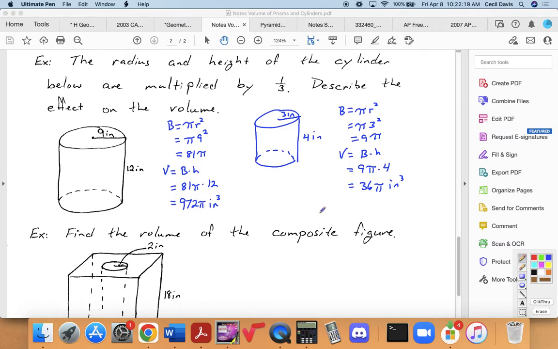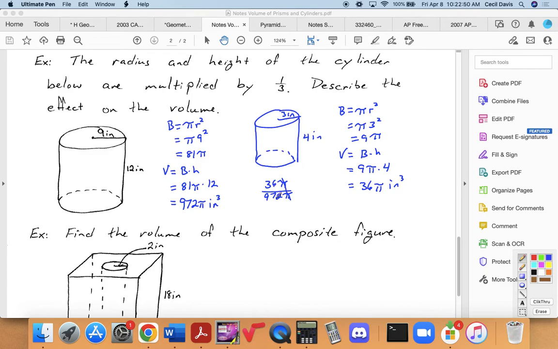Okay. The way we did it on the one from earlier today, we took the new one divided by the old one. That'd be 36 pi over 972 pi. We'd like to be able to simplify that, right? What's the first thing you can immediately do to make this look a little nicer? Pi. Yeah, divide by pi. Pi divided by pi is 1.